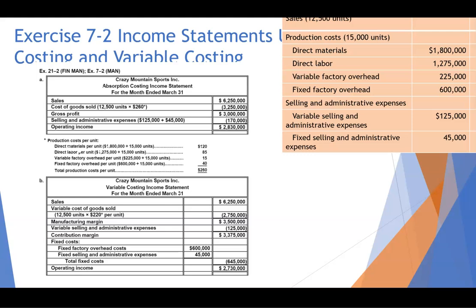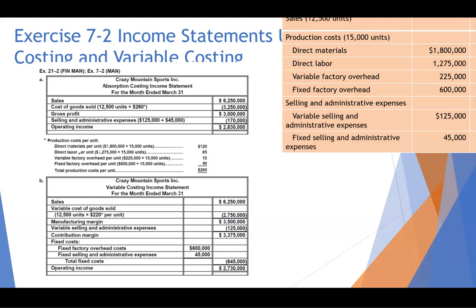Now, under the variable costing, you see our variable cost of goods sold on the 12,500 units is only $220 because we're not taking into account the fixed overhead. That $40 per unit we're not including there. That will be put in period expenses.